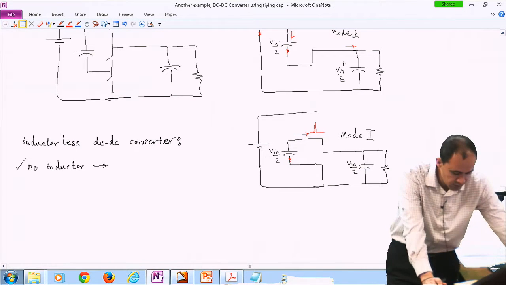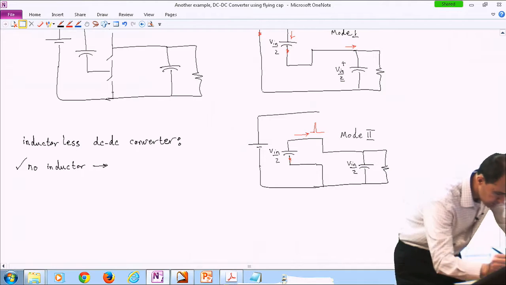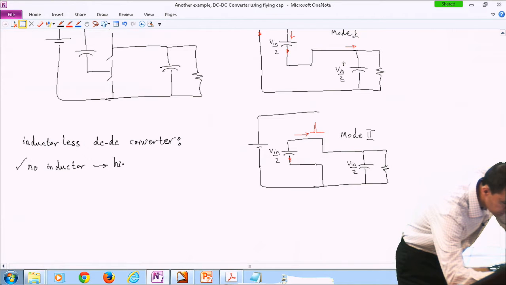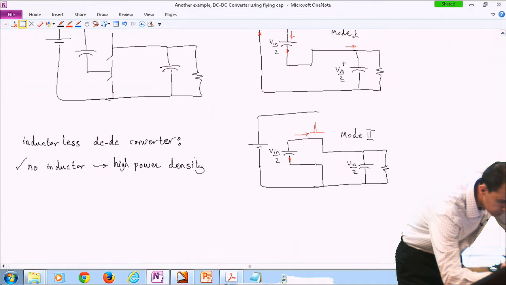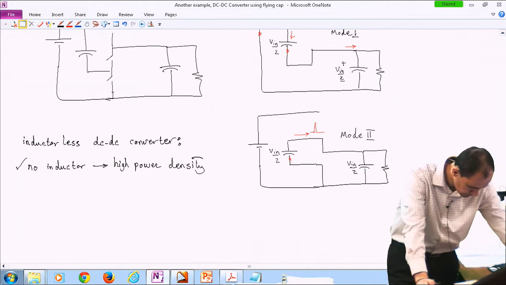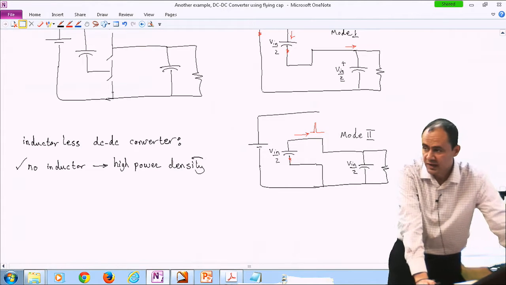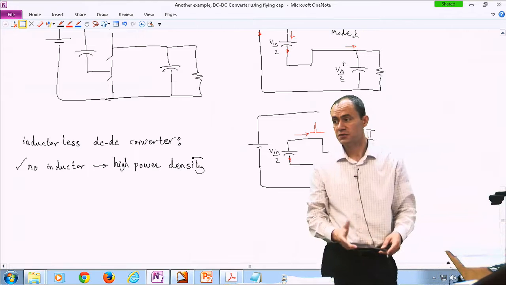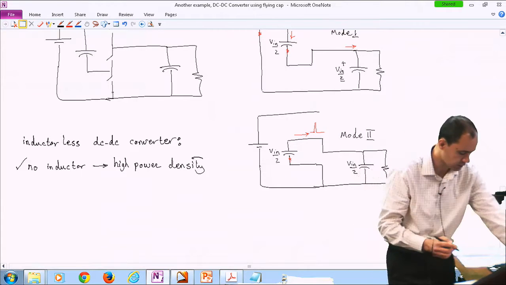So you have a high power density. One disadvantage is the voltage transfer ratio is fixed. It's just 0.5 in this particular topology.